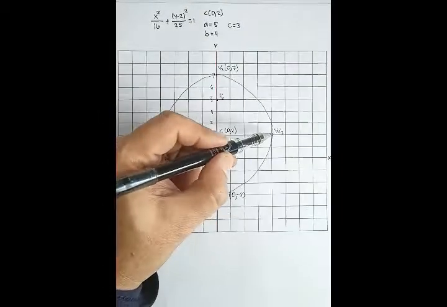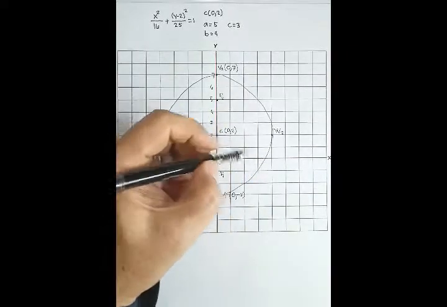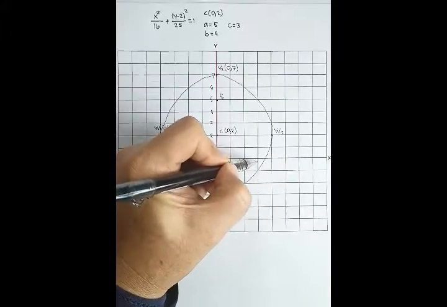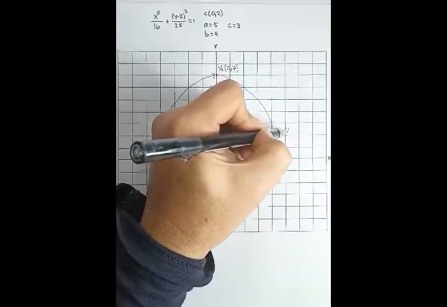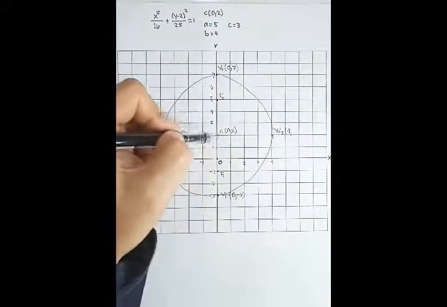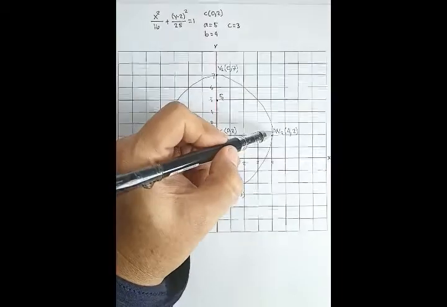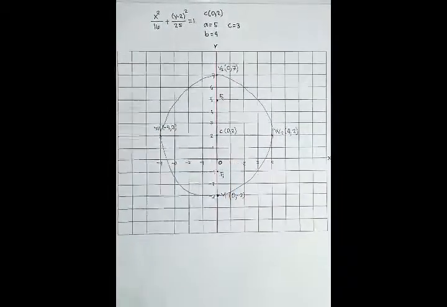And then our co-vertex 2. Along the x-axis, it is 1, 2, 3, 4. So, 4. And then, along the y-axis, it is 2. So the location of our co-vertex 2 is 4, 2.